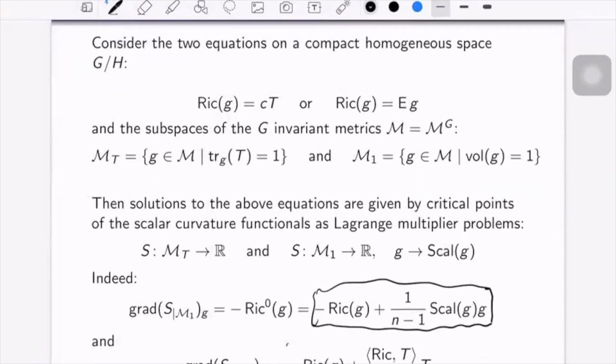And for the prescribed Ricci curvature problem, it has a similar form, but now you add a multiple of the tensor T. So again, you can see the critical points are precisely solutions to the problem I'm looking for. Because this form right here of the trace-free Ricci tensor is well known to be the gradient of the scalar curvature function in the space of all metrics. But now I have a constraint on there, trace 1 or volume 1, and that of course puts this kind of Lagrange multiplier into the gradient.